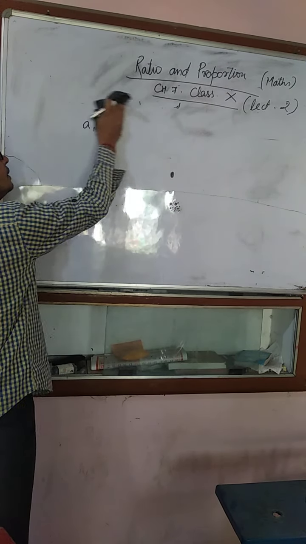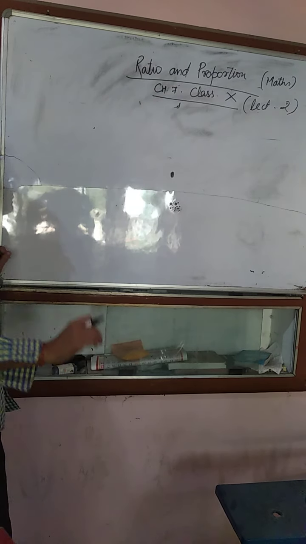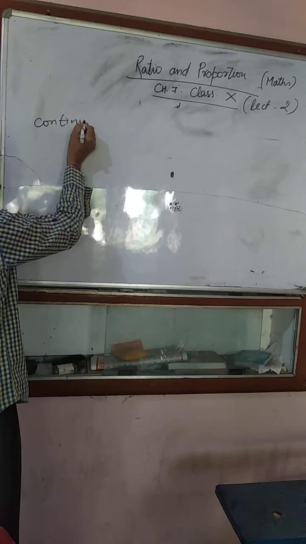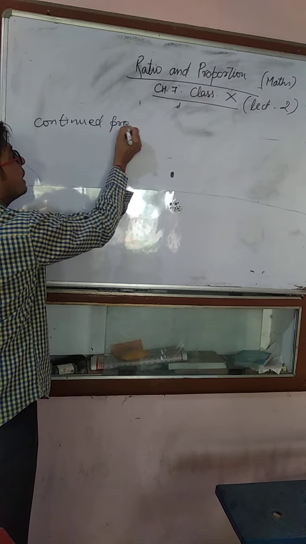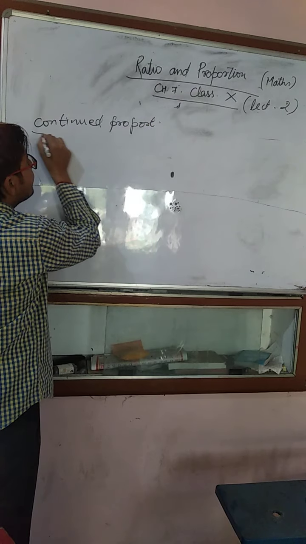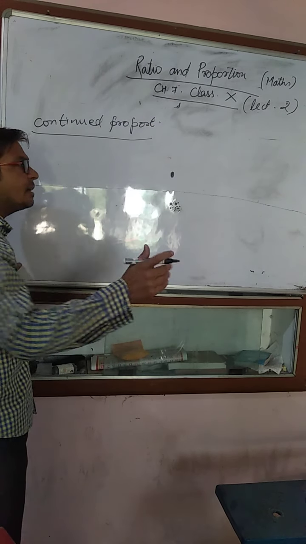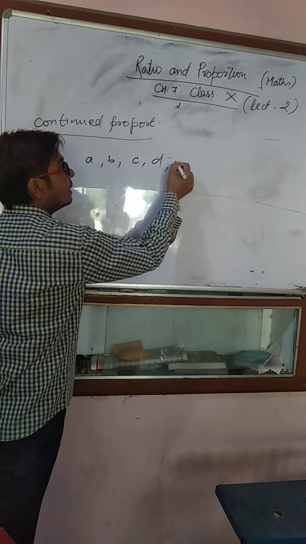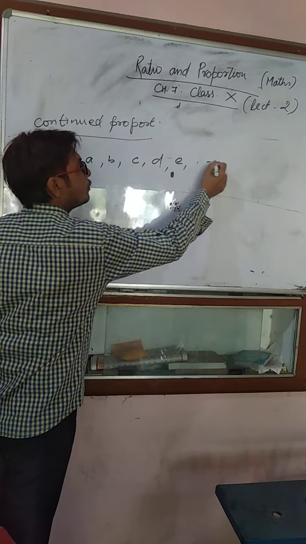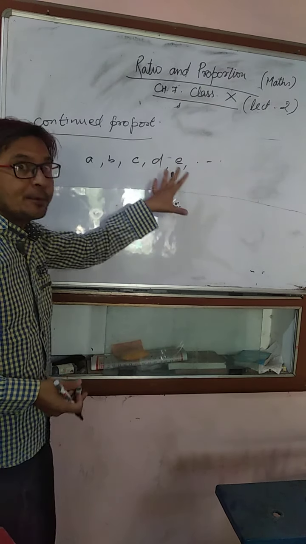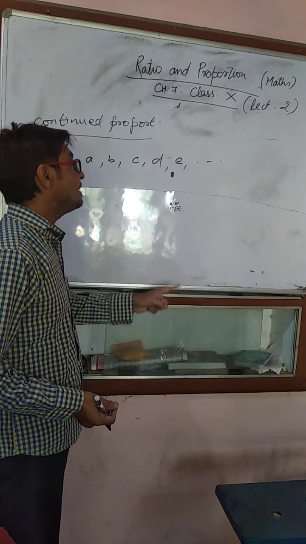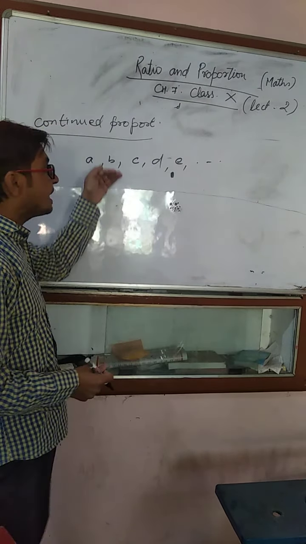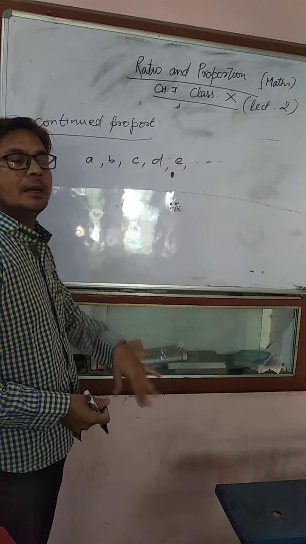After mean proportion, there is one topic that is continued proportion. What is continued proportion? Let us consider A, B, C, D, E and so on are in proportion. It is necessary that these numbers are in proportion, means their ratios are equal to each other.